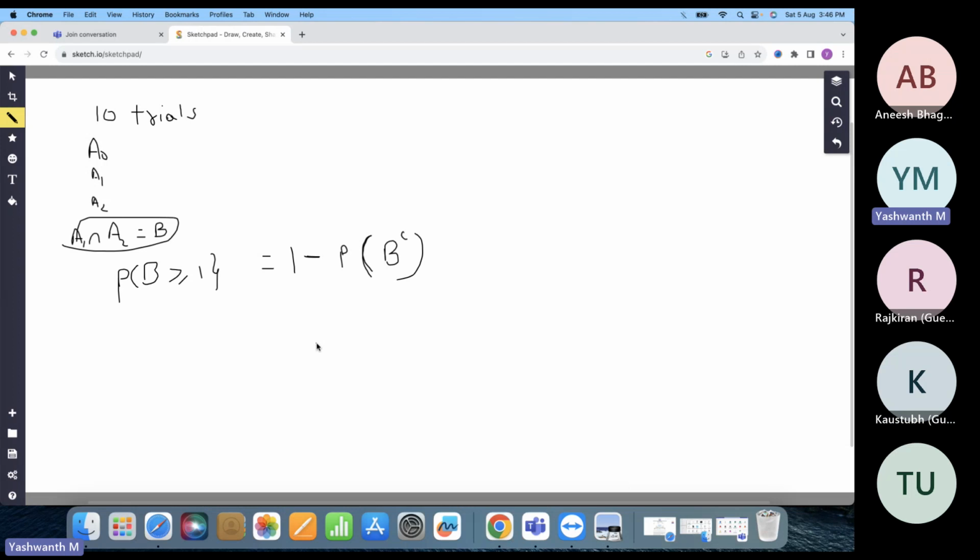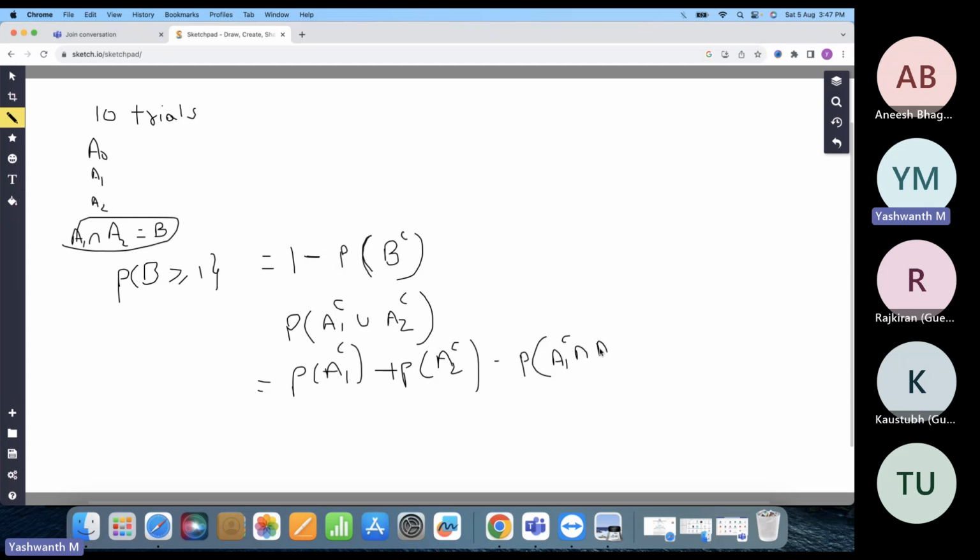What is complement is nothing but A1 complement union A2 complement. Right, so this is P of A1 complement plus P of A2 complement minus P of A1 complement A2 complement. Okay. So what is A1 complement?